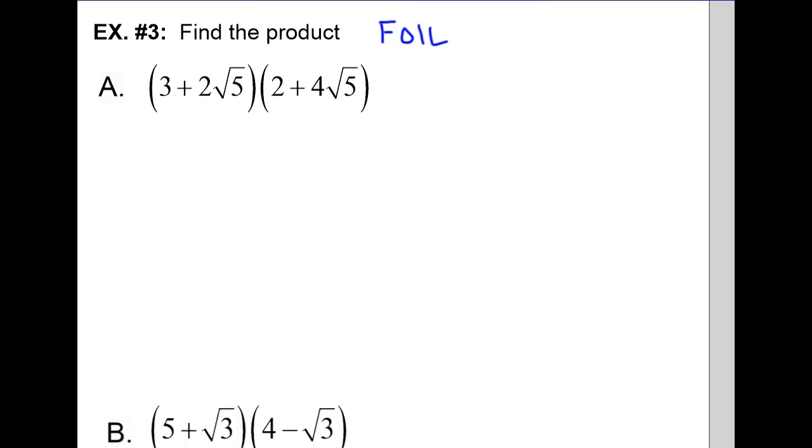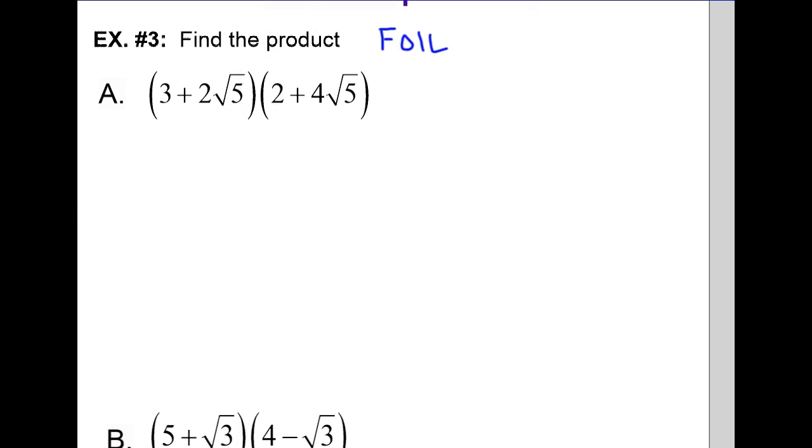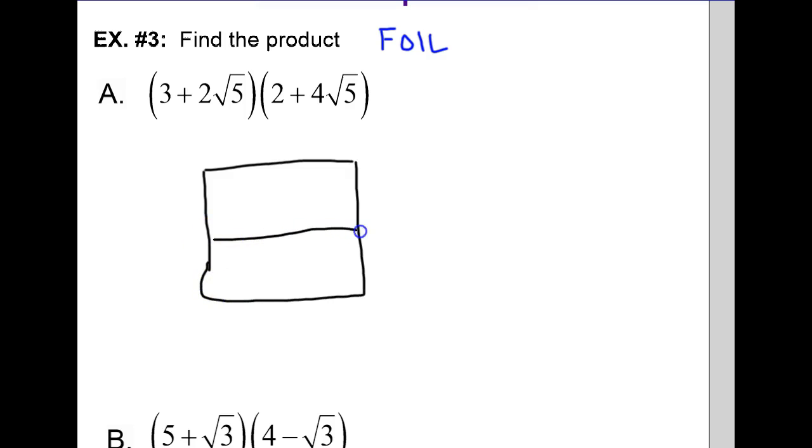I'm going to show you guys using the box method because I think it's a pretty clean way of keeping track of our work, and I like the organization in it, but it would help if I could draw a straight line, right? Okay. So I want you to give yourself a box and split them up. And across the top, I'm going to write 3 plus 2 radical 5.